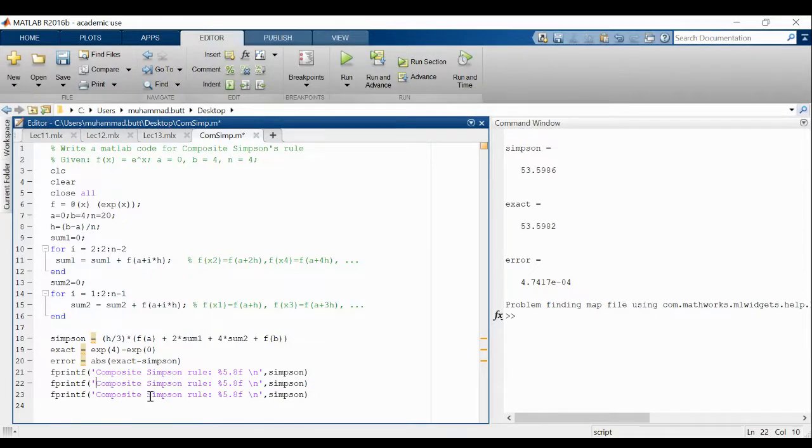You can just say value, and then you say here absolute error.